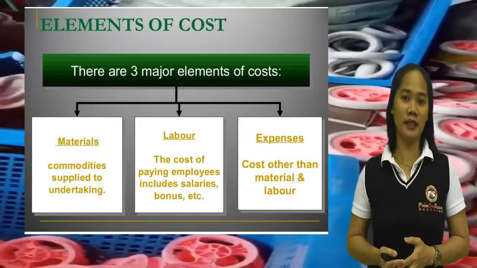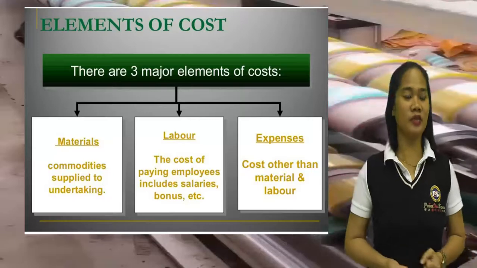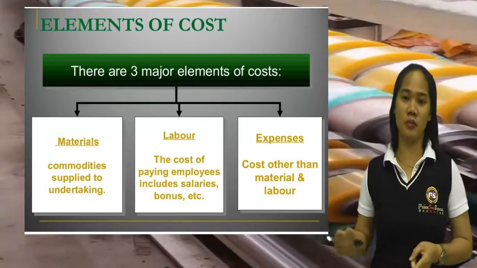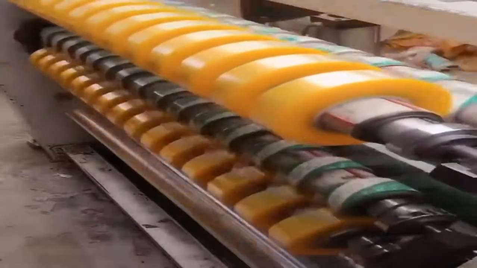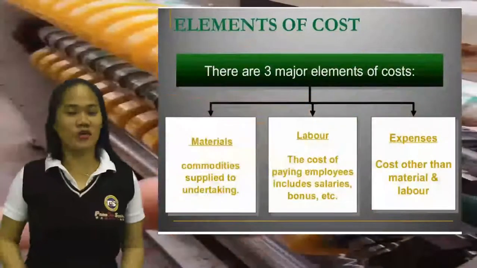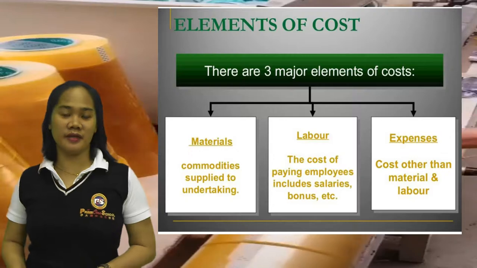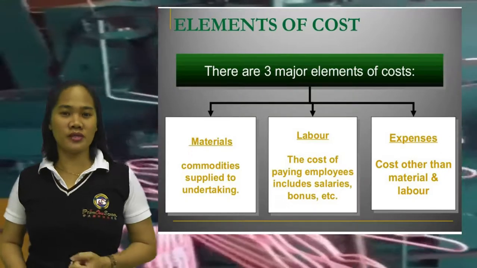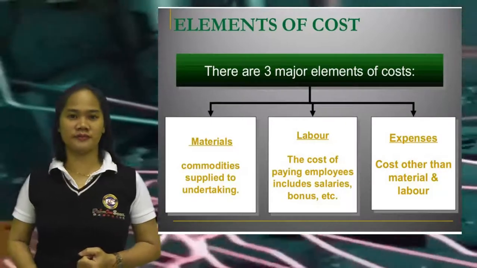While labor is the cost of paying employees, including salaries, bonuses, and so on. While the expenses are the costs other than material and labor. Those are the three major elements of cost.